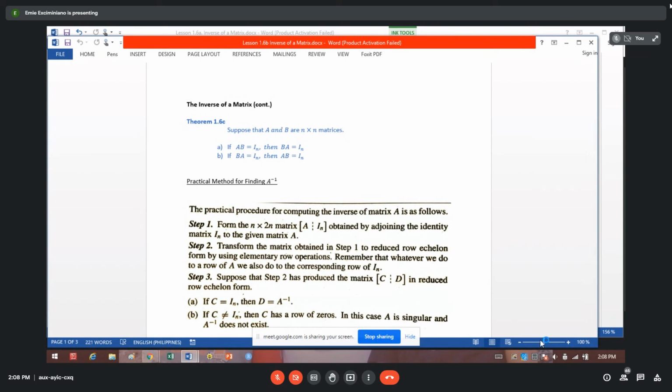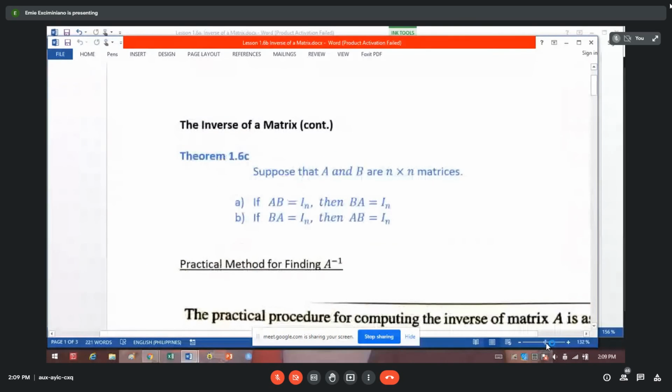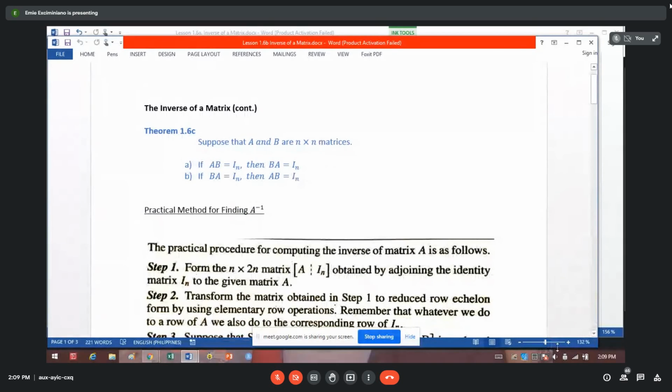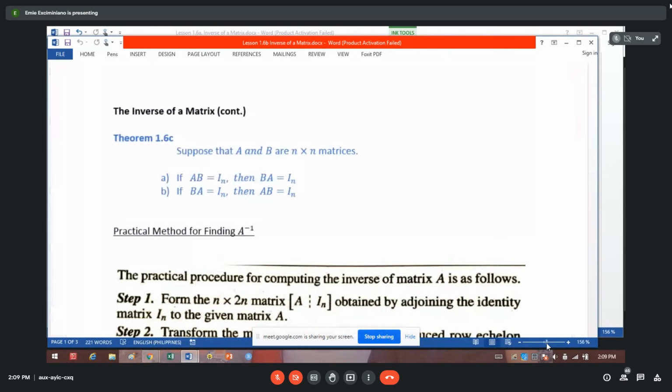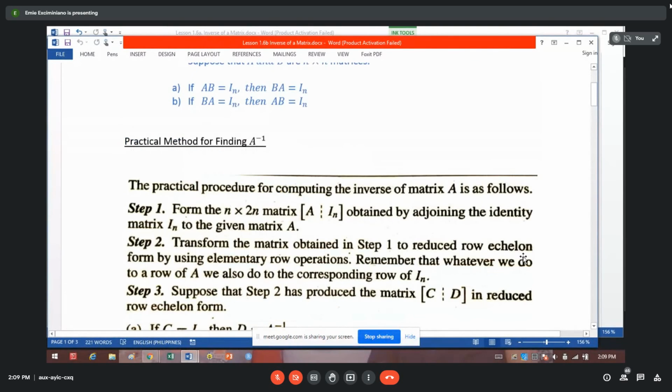Sabihin nyo, si ma'am, hindi na makita. Ito, alam nyo, nakakalimutan ko yung mga quick, ayan. Naalala ko tuloy yung tinuro sa akin ni Robert, ni Mark. Okay, thank you, Mark. Good. Ganun pala yon.